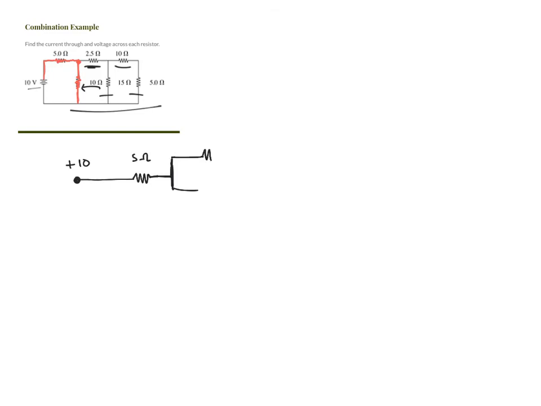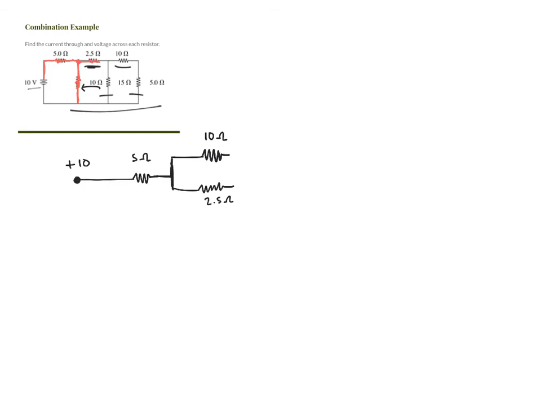So on my top thing here, I'm going to draw a 10 ohm resistor. And on the bottom one, I'm going to start drawing the other path. So the other path comes across a 2.5 ohm resistor right here. So that is 2.5 ohms. Cool beans. Keep moving on.